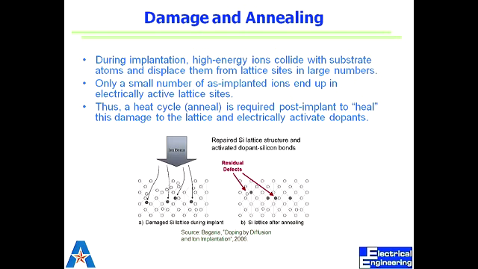Once we do the annealing, there are still some defects, but they are far fewer than what they were before annealing. And what would an electrically active lattice site be? So they knock off the position where the silicon was, but they don't get to their actual position where the silicon used to be. So when we do the annealing, they fall into those places where they contribute acceptors or donors.